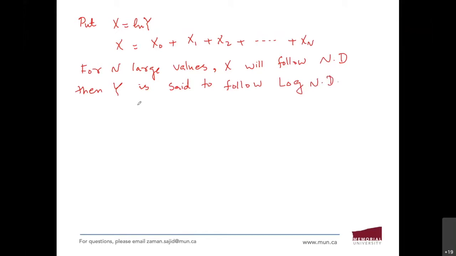So that means this y is the log of n, and the log normal distribution, just like the normal distribution, is defined using mu and sigma values of x.